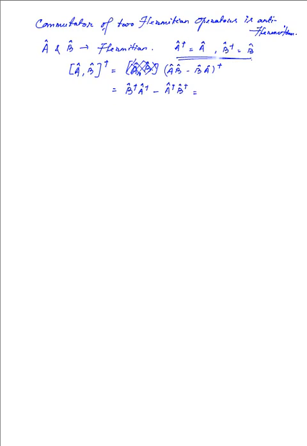Now because they are Hermitian, we have BA over here minus AB over here. As you can see, this is just the negative of AB, the commutator of AB. So we have the commutator of AB to be anti-Hermitian, which is the case that I have mentioned over here.